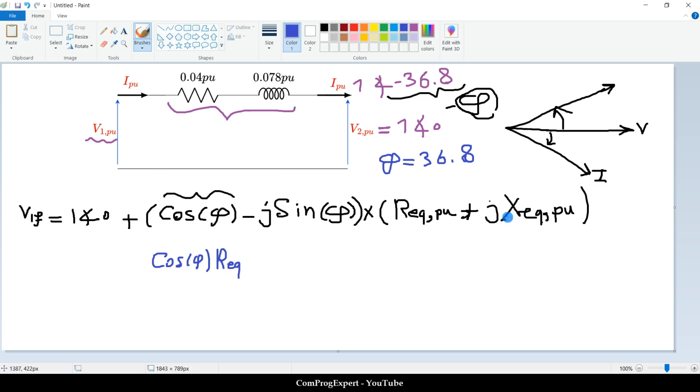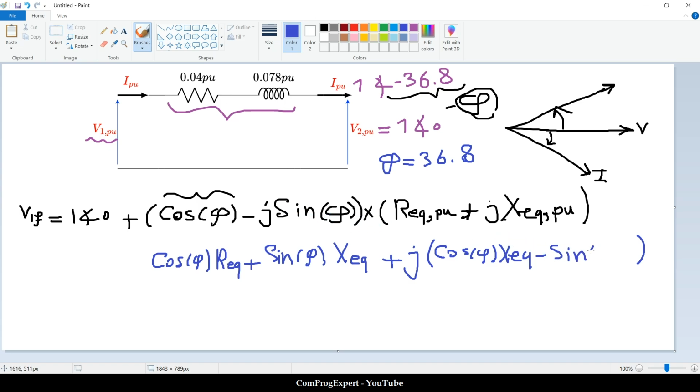So then we have this multiplication. This is plus sine of phi times X equivalent, plus we have J times this cosine of phi times x equivalent minus this product, the sine of phi times r equivalent.